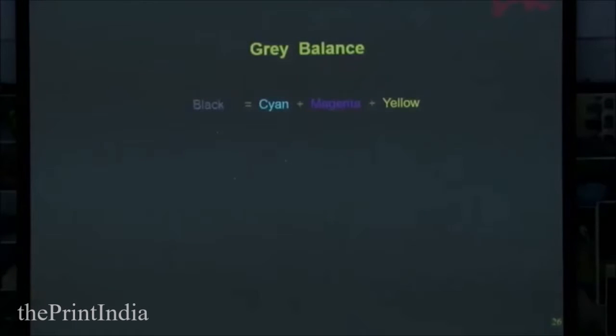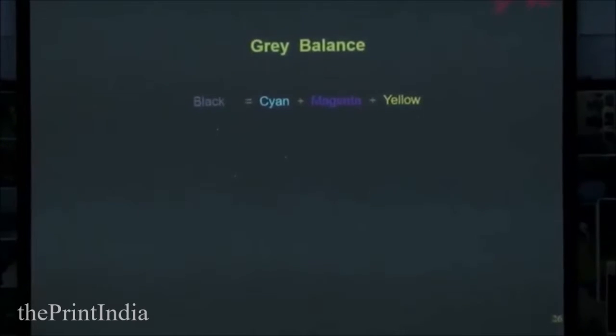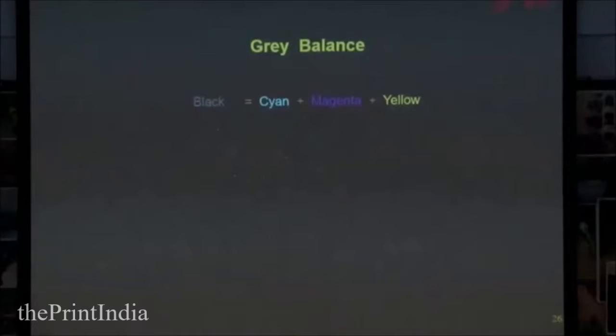The extra cyan will suppress that extra reddish tinge that you get from three colors. When you print equal quantities of cyan, magenta, yellow, it gives you brown. So we need to print a higher quantity of cyan, then magenta, then yellow, to make it gray.